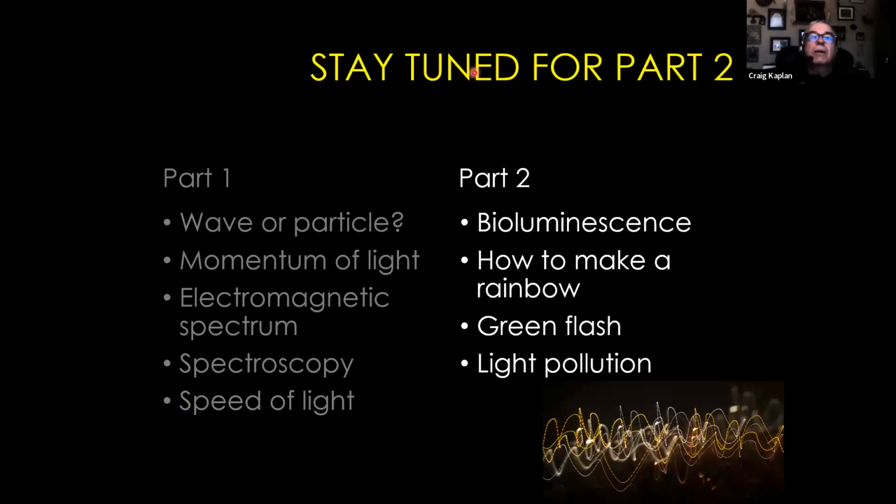And in part 2, which will probably be in September or October, we're going to talk about bioluminescence, how to make a rainbow, the green flash occurring at sunset and sunrise, and about light pollution, and about any other relevant topics that I come across between now and then. And I think that is it.